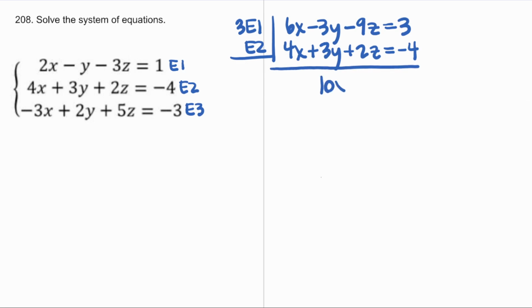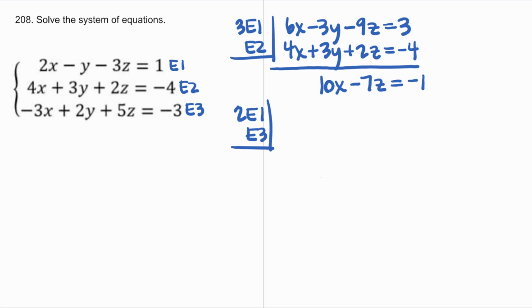I'll get 10x minus 7z equals negative 1. Just making sure I got that right. Okay, good. Then, in an attempt to eliminate y out of equation 3, I'm going to take 2 of equation 1 and add that to equation 3.